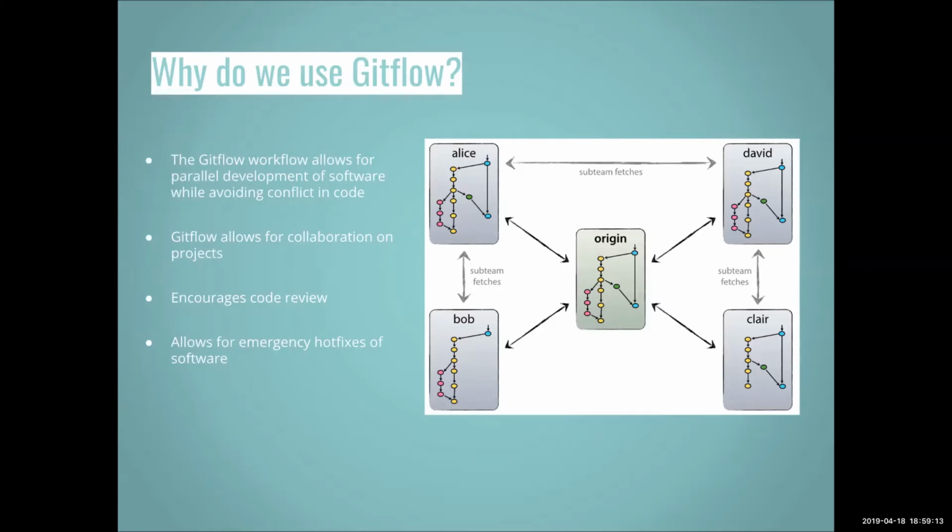The communication is bi-directional, basically. This is trying to manage everyone's development of the software and keeping them from conflicting or overriding each other's work. So Git flow allows for collaboration on projects, encourages code review, and allows for emerging hotfixes of software.